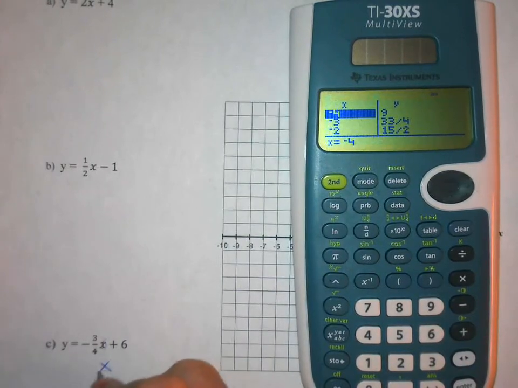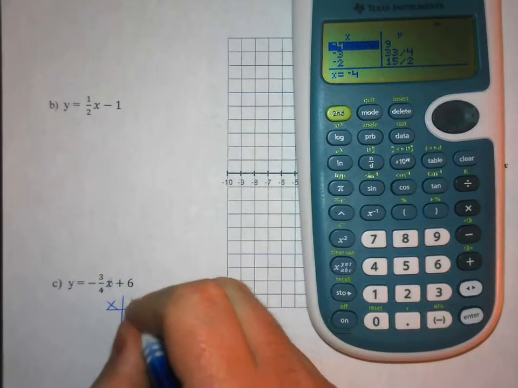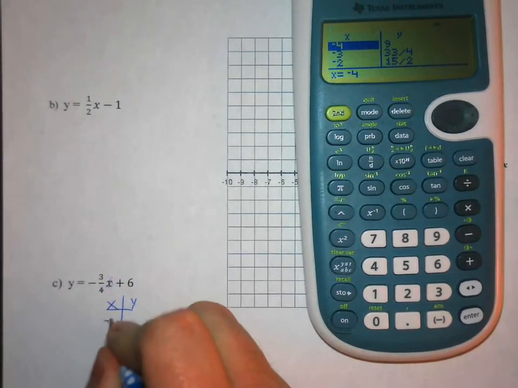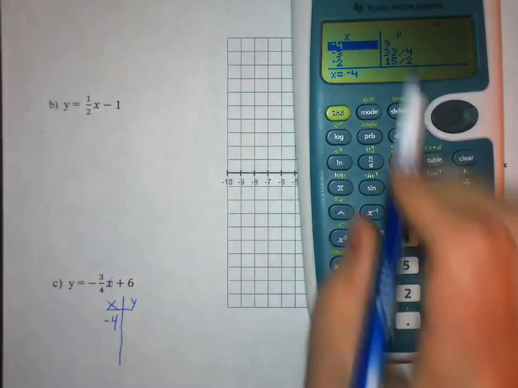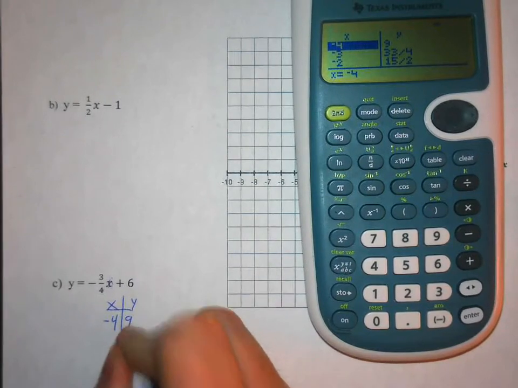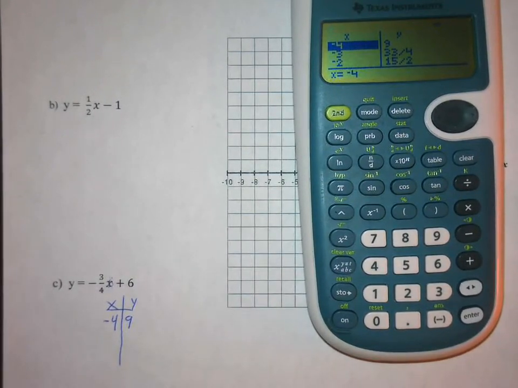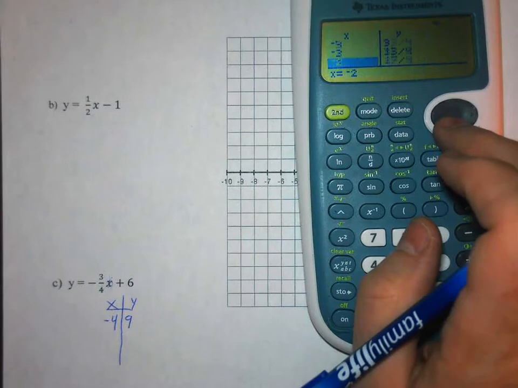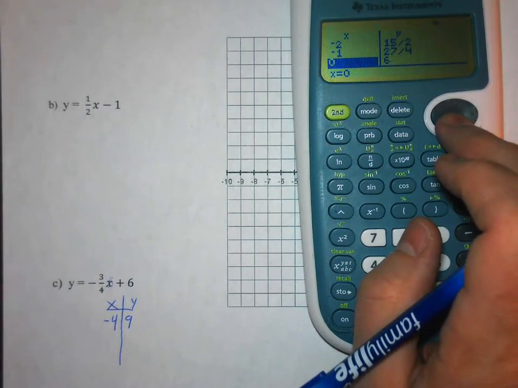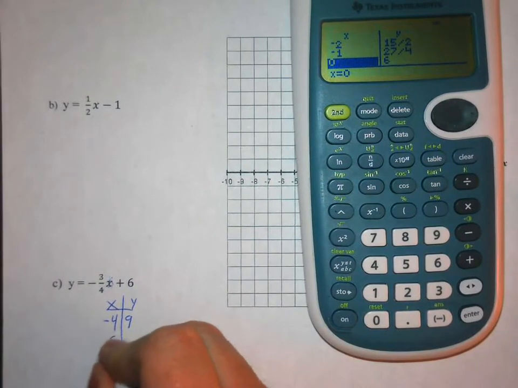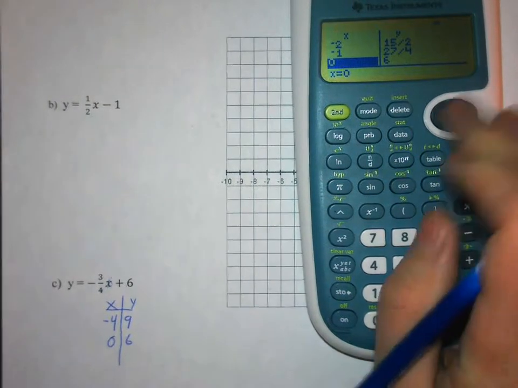So if I make a little table of values for x and y, I know that -4 gives me that answer of 9, and that'll fit on the grid. And then if I scroll to larger numbers of x, so scroll down in the table, 0 gives me a nice answer of 6.